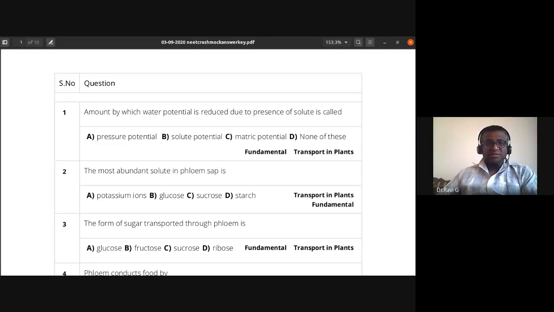What is the answer for this? So B is the answer. Yes, it is defined as solute potential. The answer is B, solute potential.